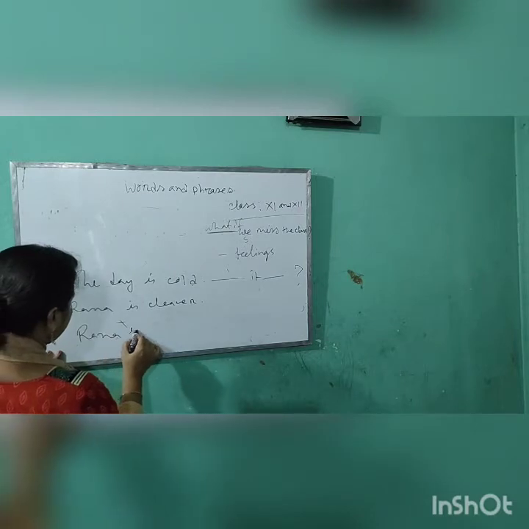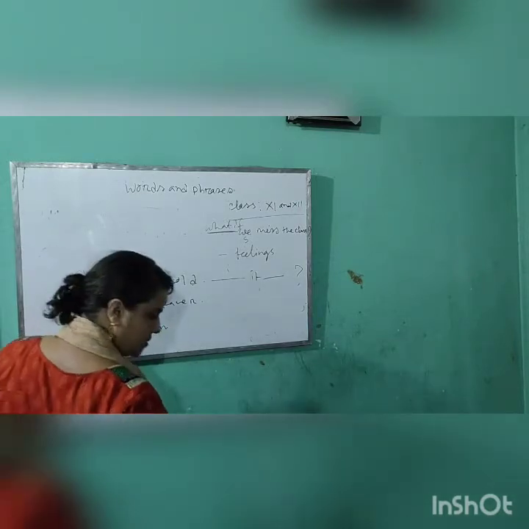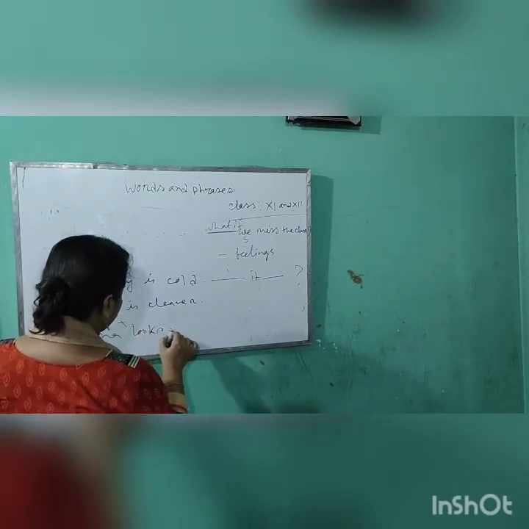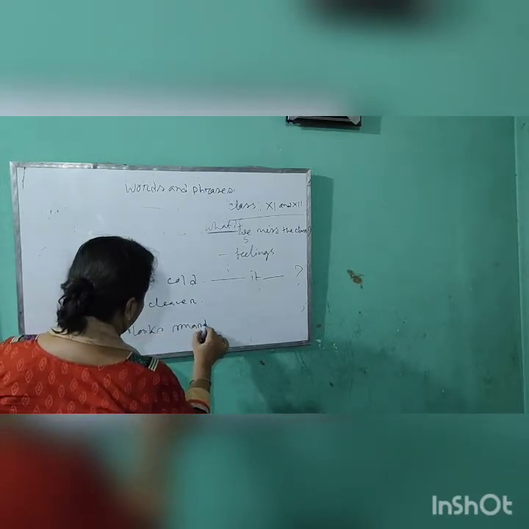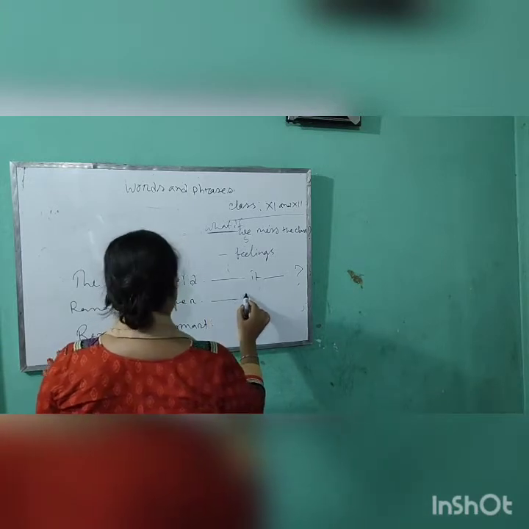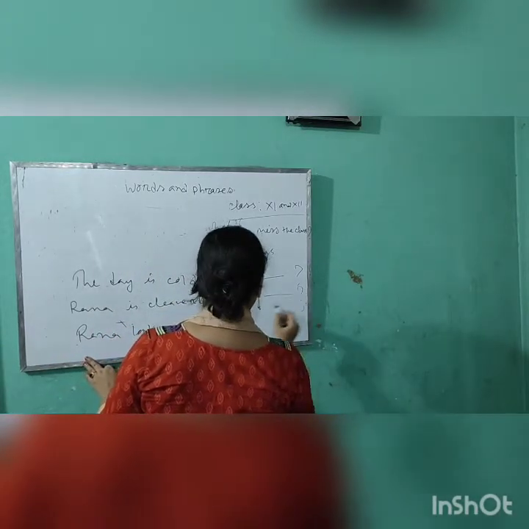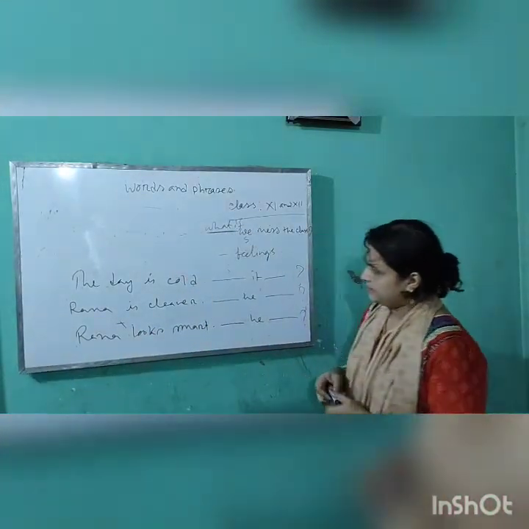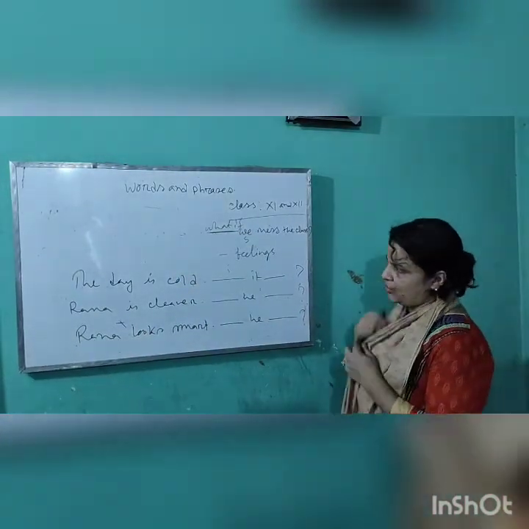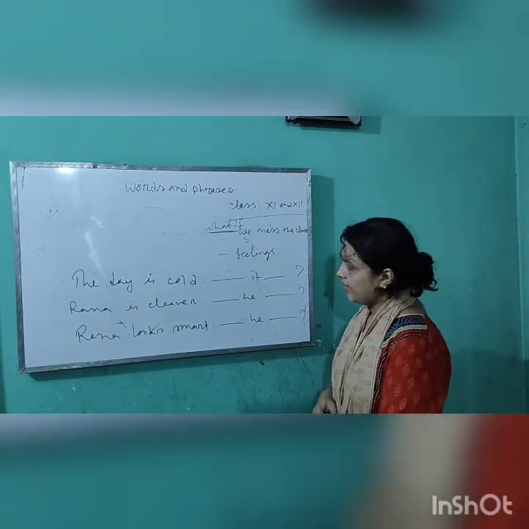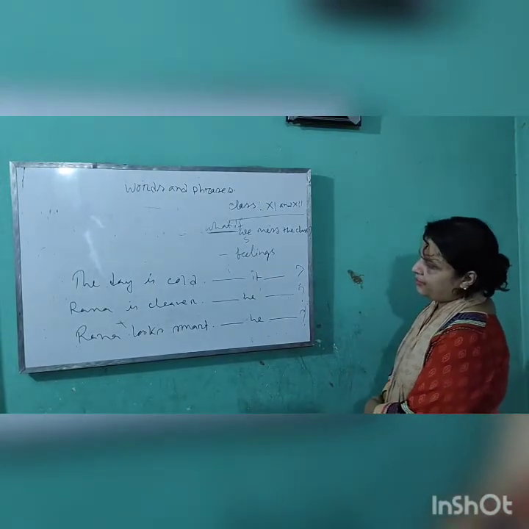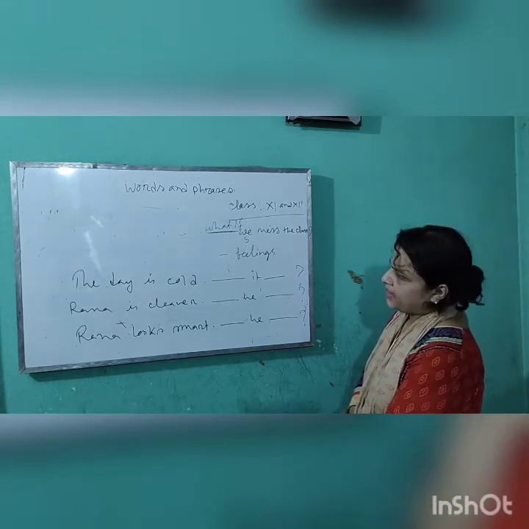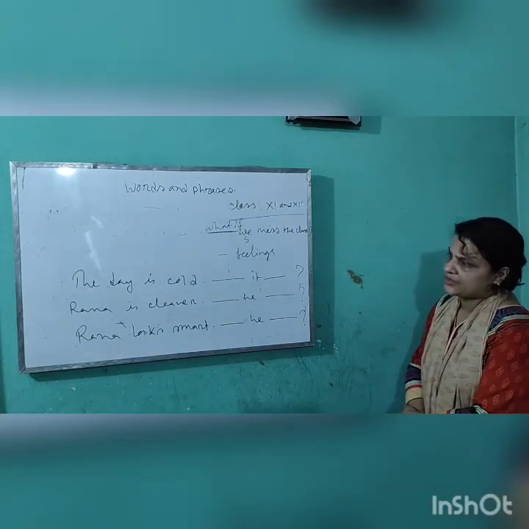Rana is smart. Rana looks smart. What is he like? What does he look like? So see the example. The day is cold. Rana is clever. Rana looks smart.